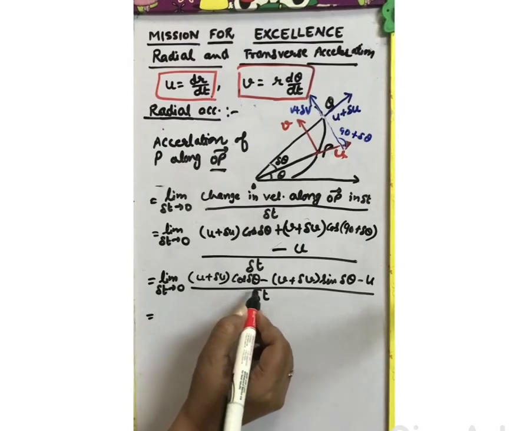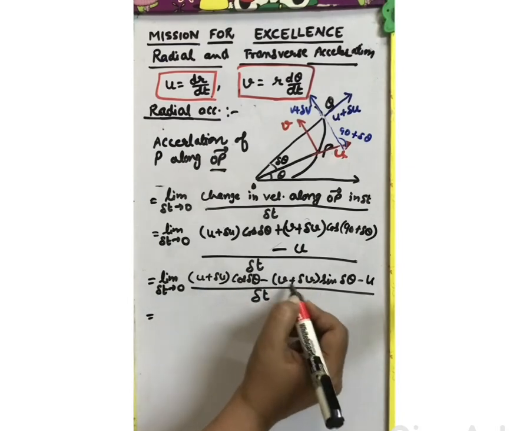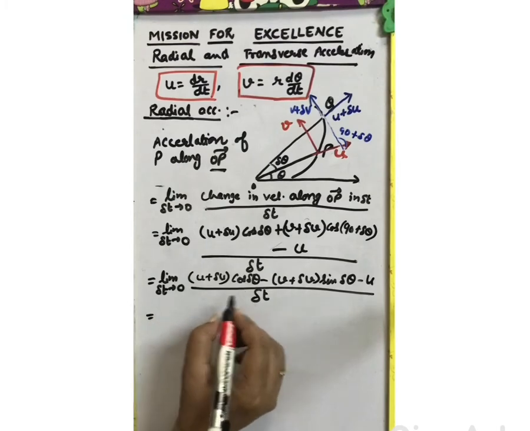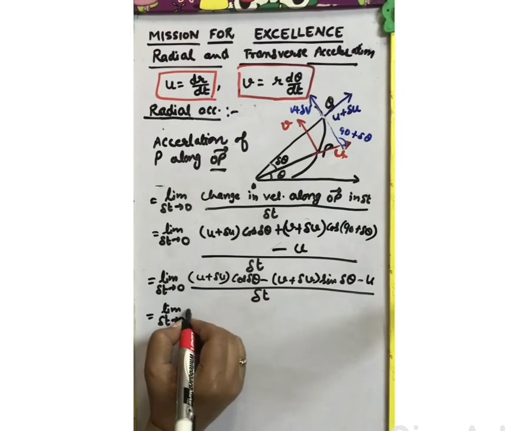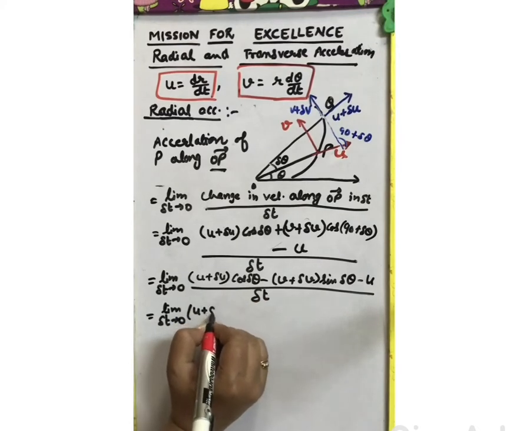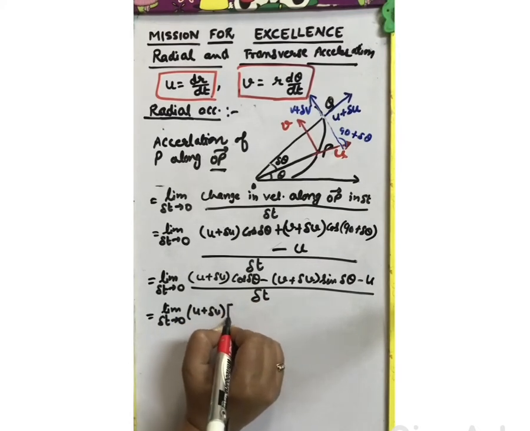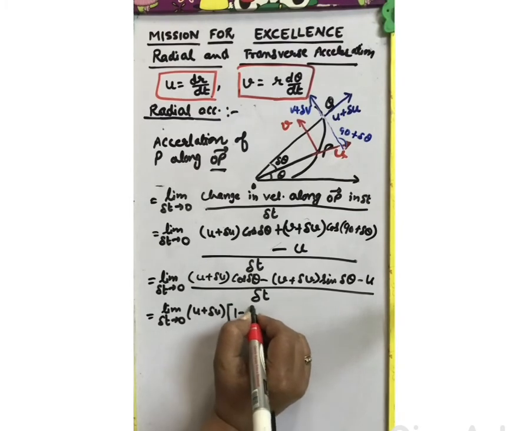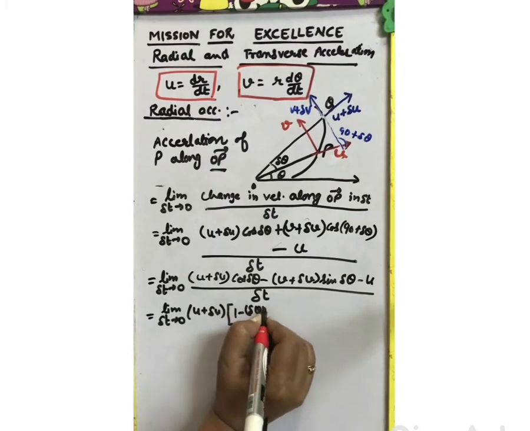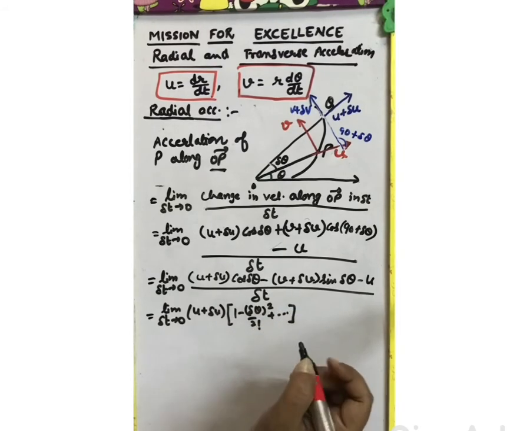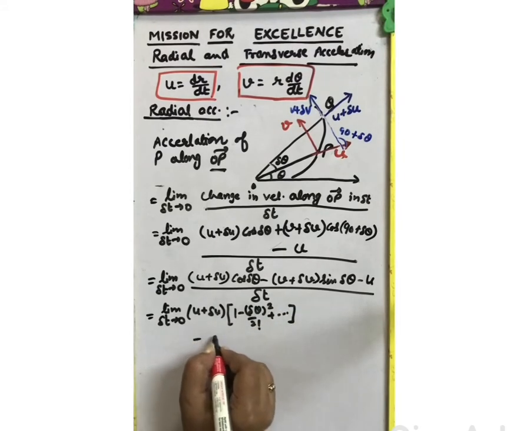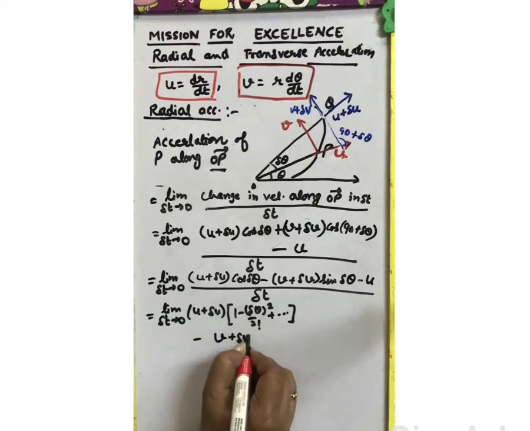So when you take the Taylor series expansion of these functions, delta t tends to 0, for the small delta theta, (u plus delta u), expansion for cos delta theta is 1 minus delta theta square by 2 factorial plus and so on, minus (v plus delta v).